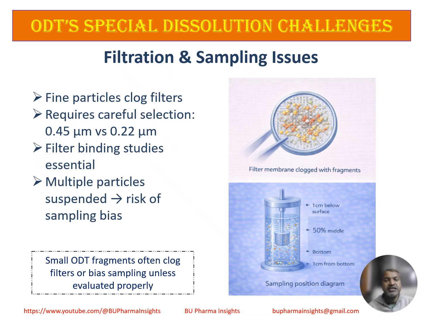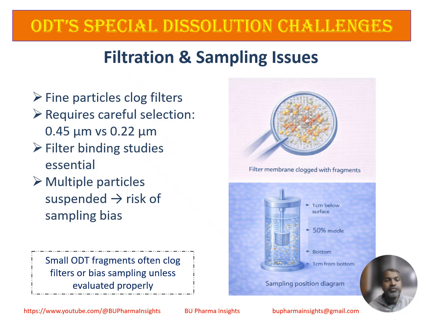Sampling technique is just as important as the method itself. For ODTs, many fragments float on the surface. So your sampling cannula must avoid this layer. Sample from the mid-zone, not the top. Filtration is critical. Fine particles can clog filters.